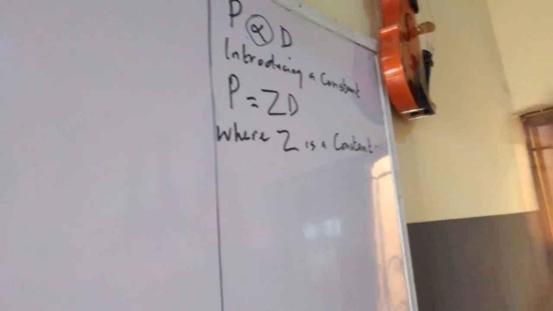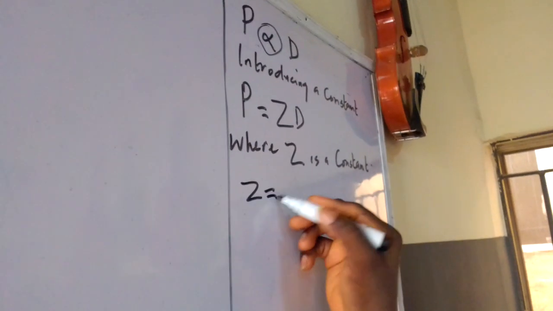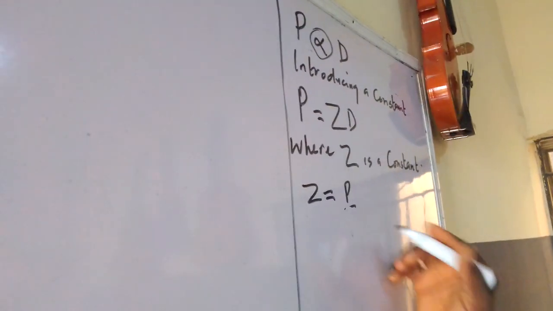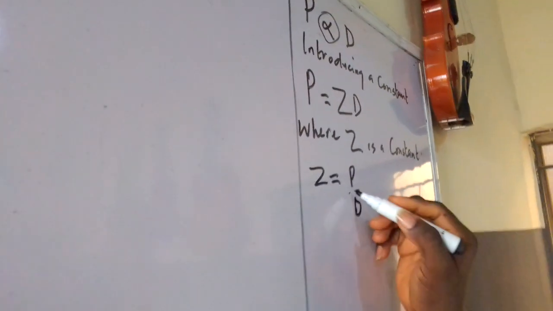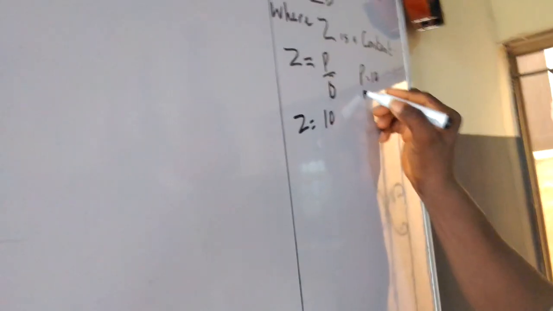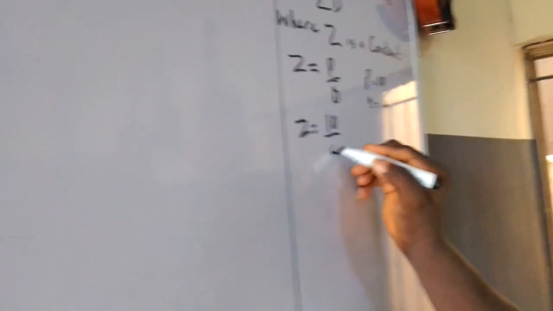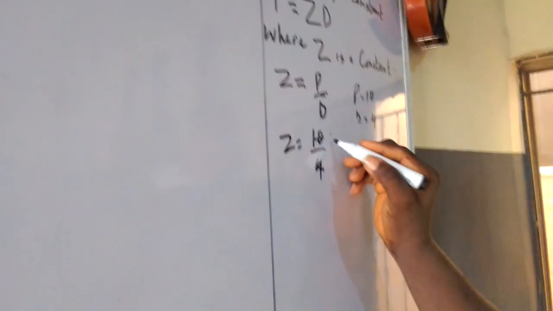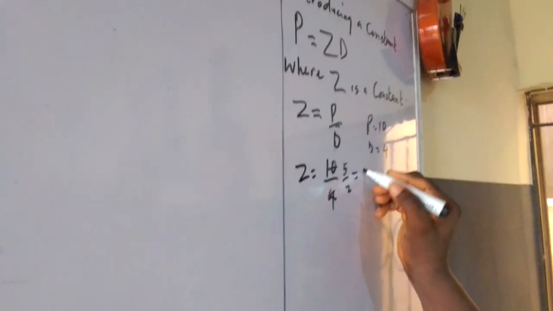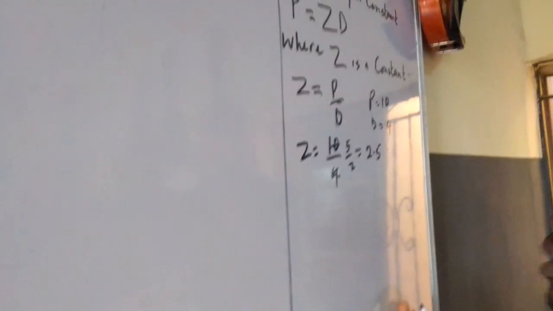So Z will be equal to P over D. When Peter was 10, P is 10, Dunsi was 4. So 10 over 4 gives me 5 over 2, which is equal to 2.5. That's the value for my Z.